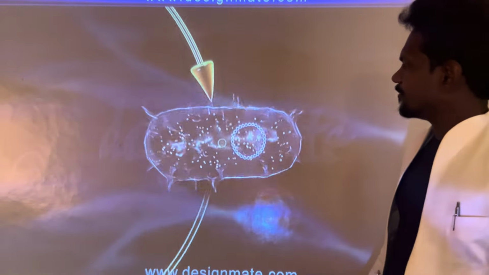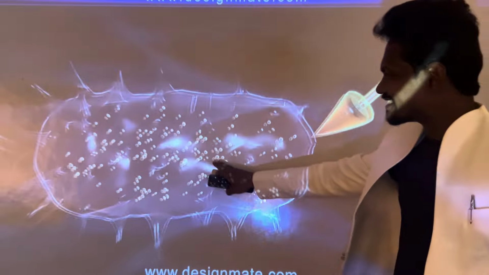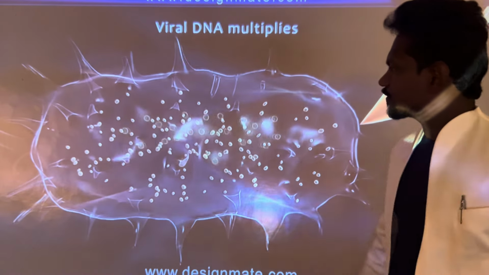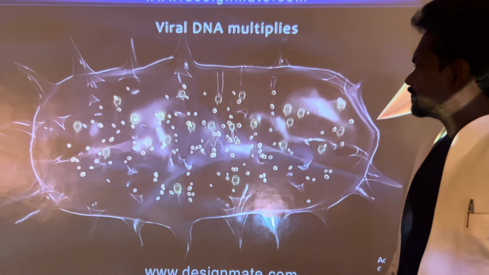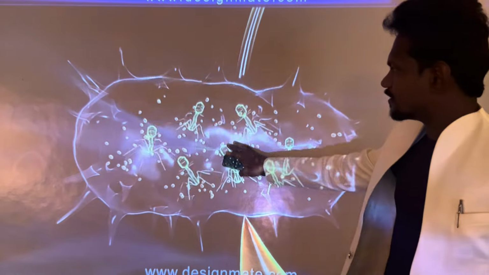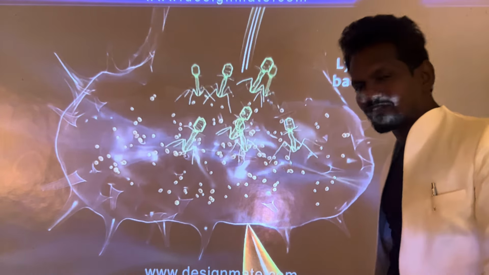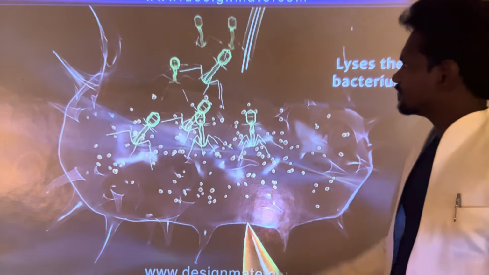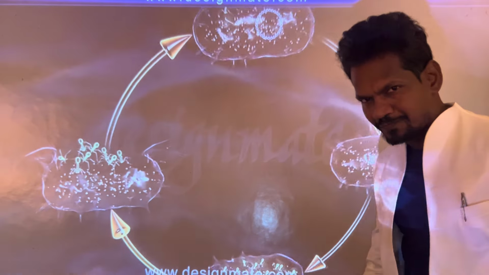Then finally those all parts are assembled together. Finally new viruses are formed, and these new viruses break down the cell wall of the bacteria and release it out. That is called burst size.